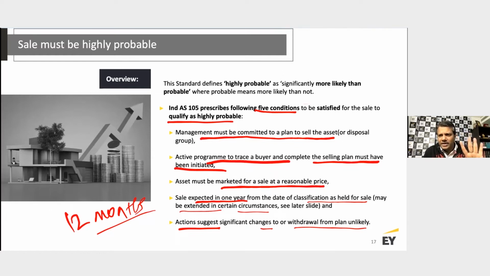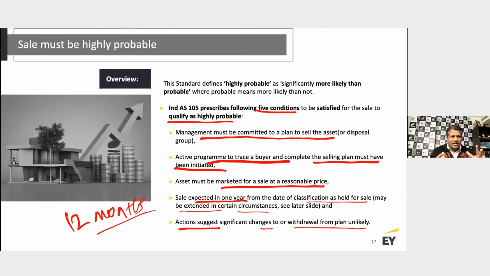You expect to complete the sale in the next 12 months, and you don't intend to go back on your words; it's highly unlikely. These are the 5 criteria you need to look at before you classify an asset or a disposal group as held for sale.